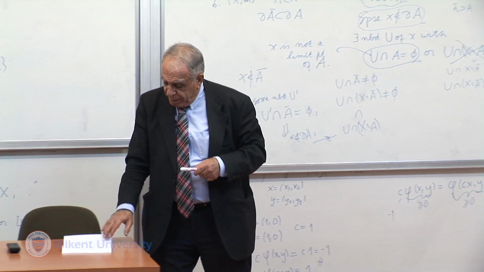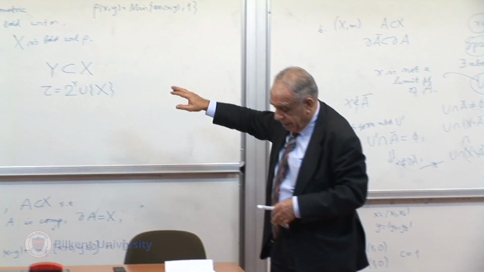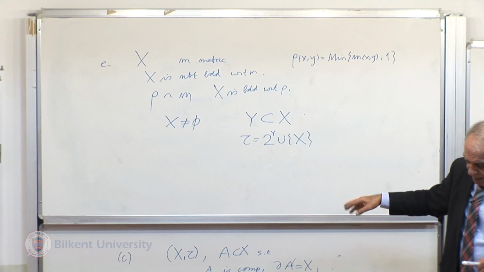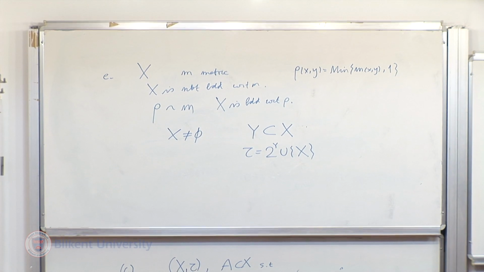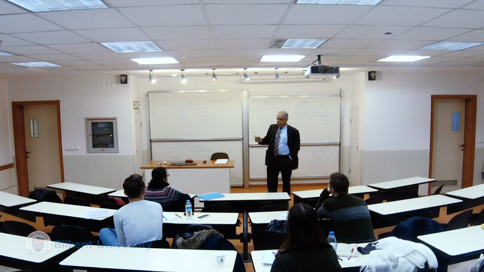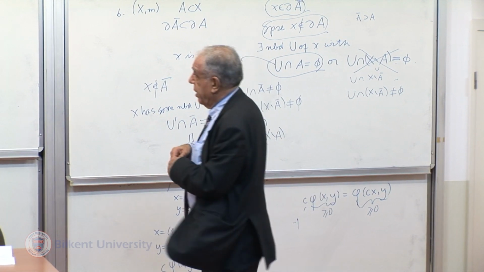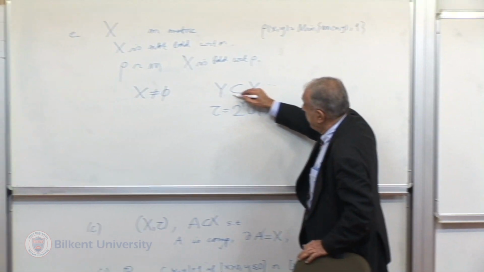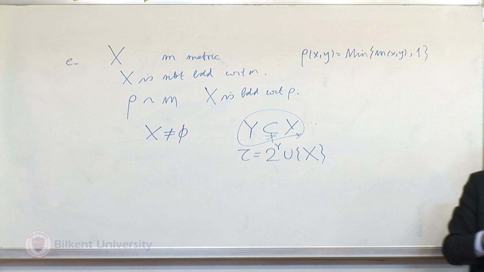So it says two parts. Find a given example of Y and X under this topology such that tau turns out to be metrizable, and for the other case, non-metrizable. Is it ever metrizable with this condition? We have this condition.